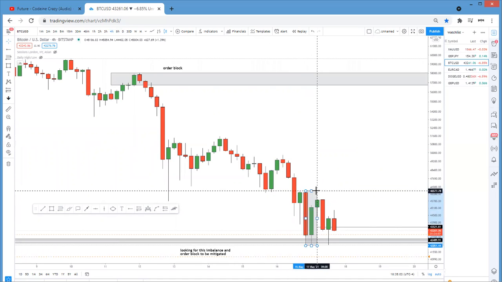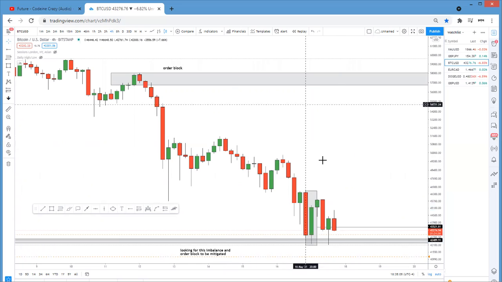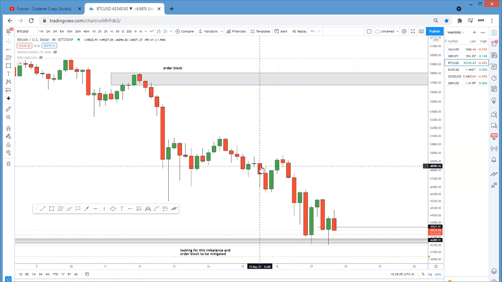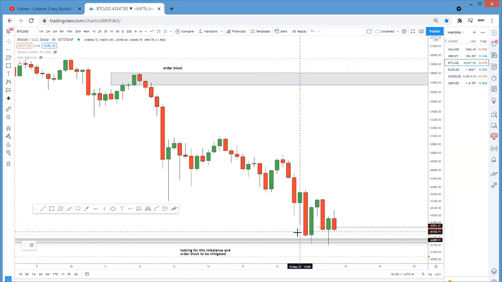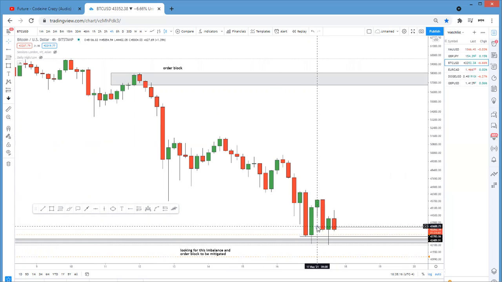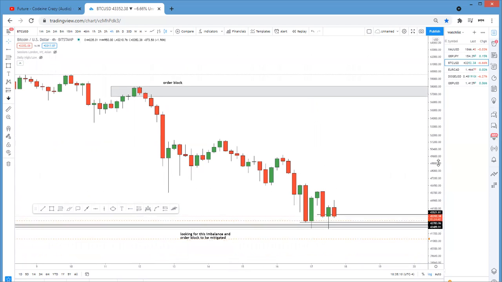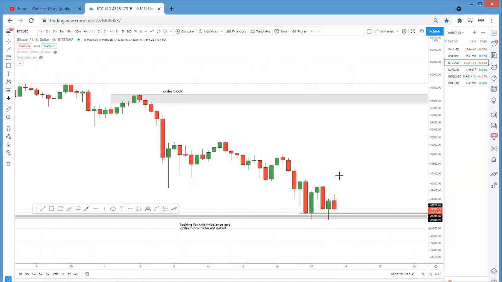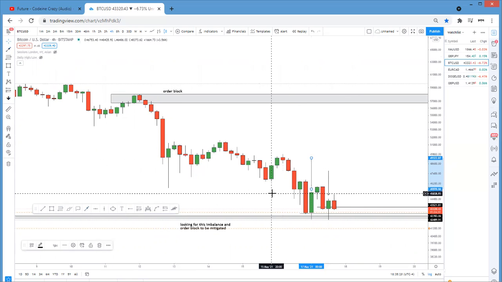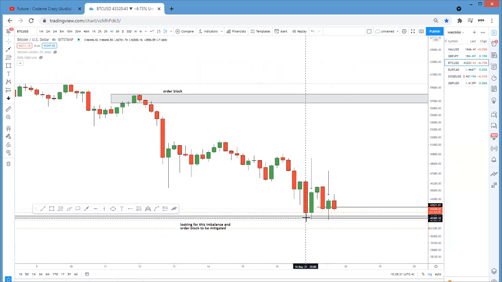This was the bullish candle that I started paying attention to, because that bullish candle traded below the low of this bearish candle, right? And also notice how this bullish candle right here traded below the low of this candle right here.